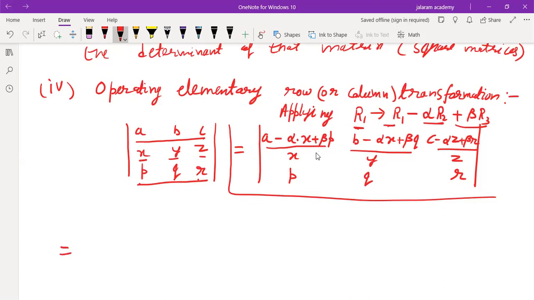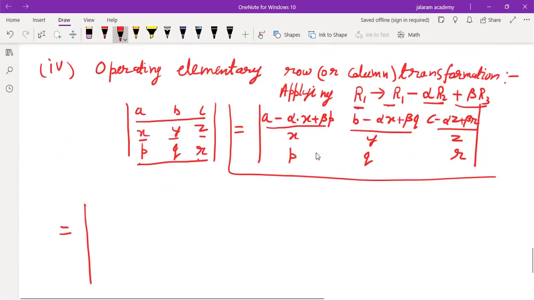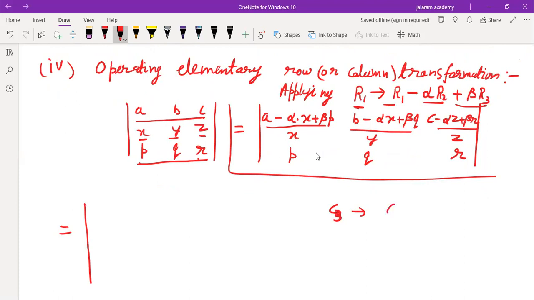If we use the column transformation only, if we write C1 is operated as, or we can use C3 also, there is no need to use all the columns at a time. We can use only two at a time.